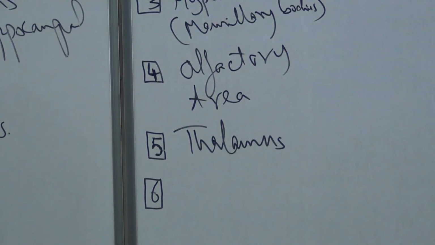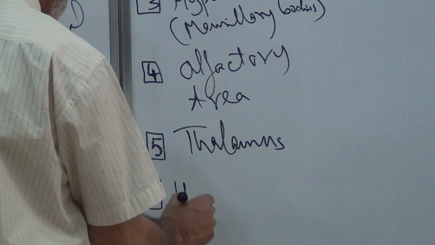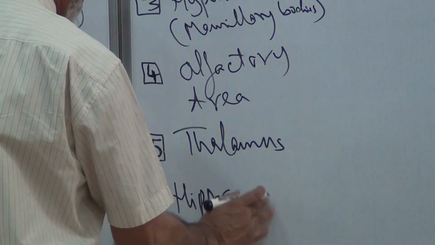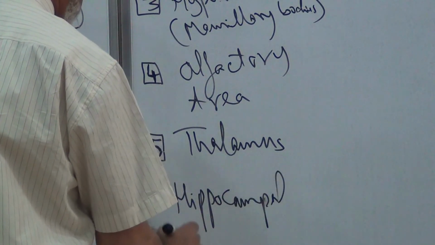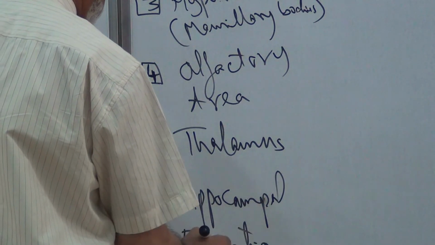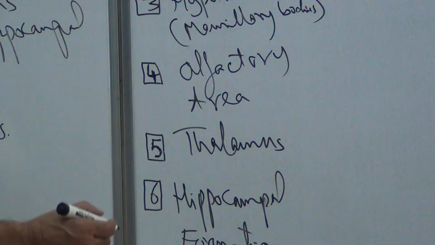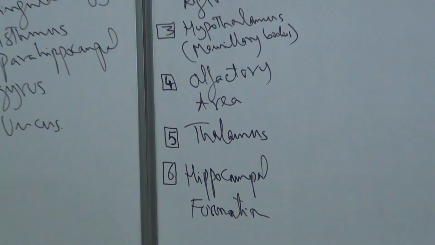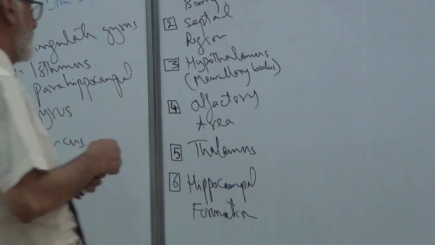And number six is hippocampal formation. These are the different components of the subcortical part.